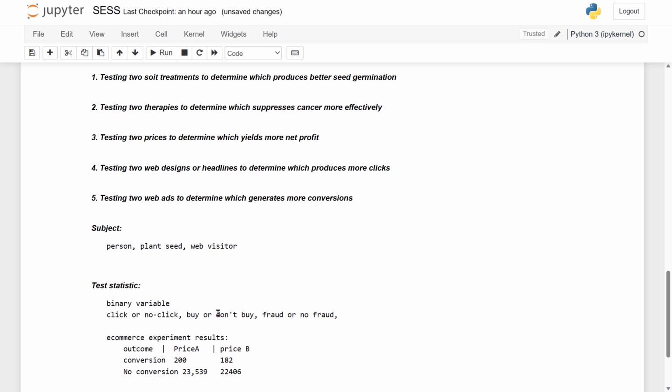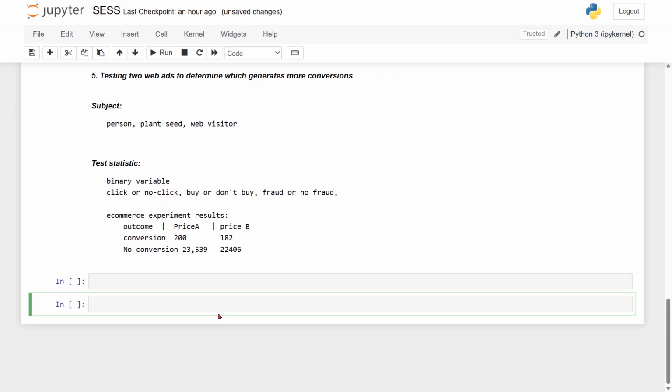If one were interested not in conversion but in revenue per page, then the results of the price test might look something different.